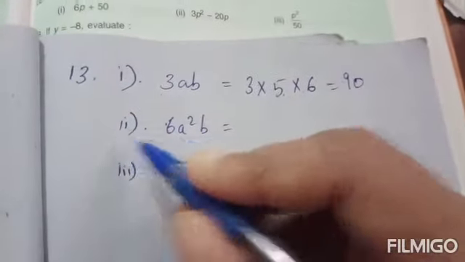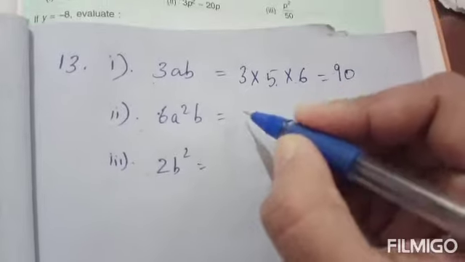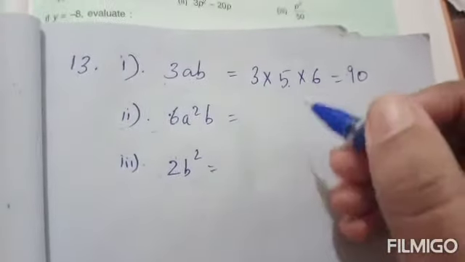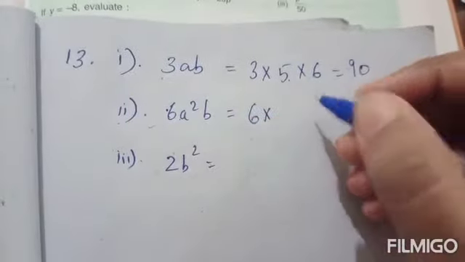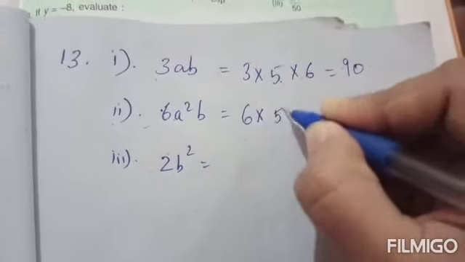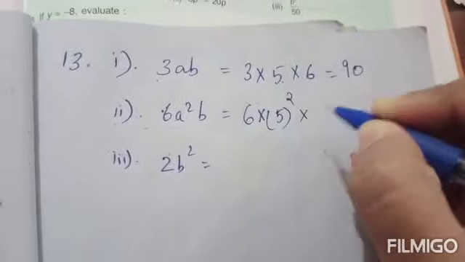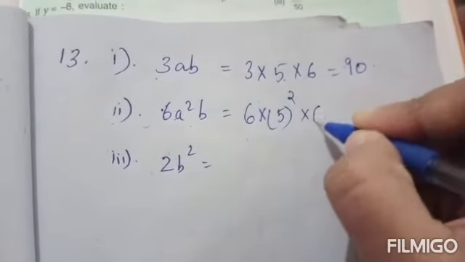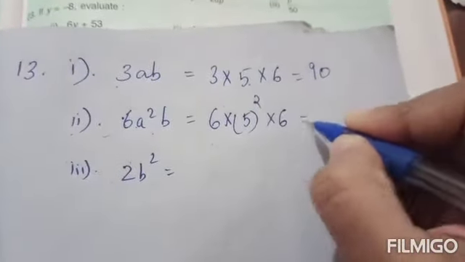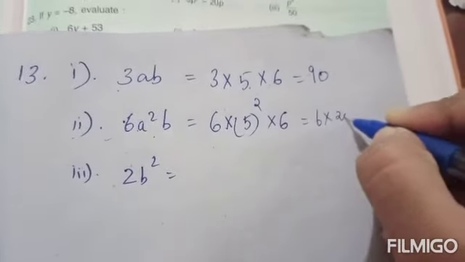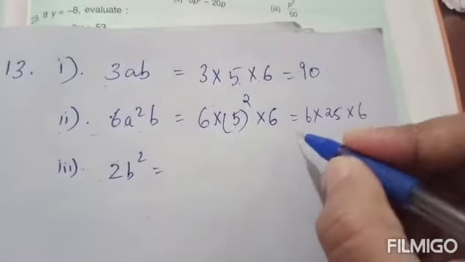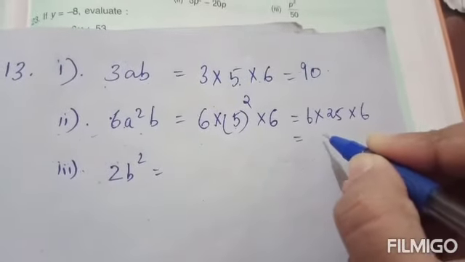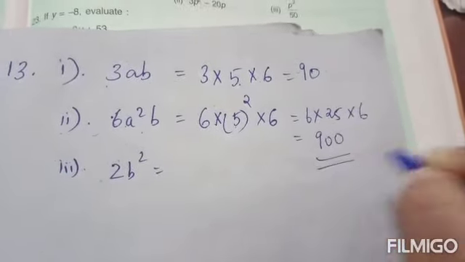Now second one, 6a square b. So giving a and b values, you will get 6 into a square means 5 square into b, it is 6. So 6 into 25 into 6, 5 square is 25. So you will get 900.